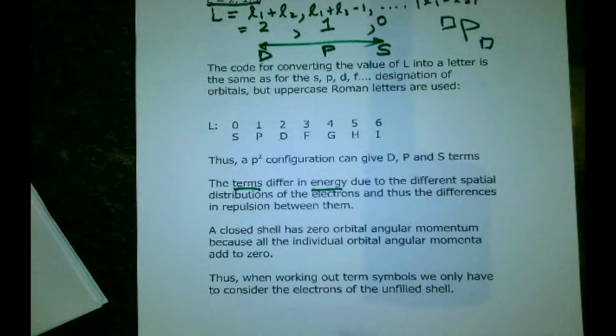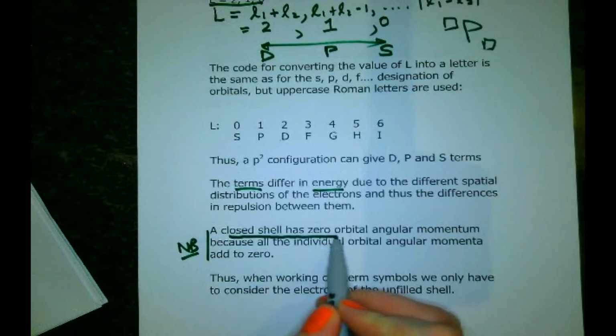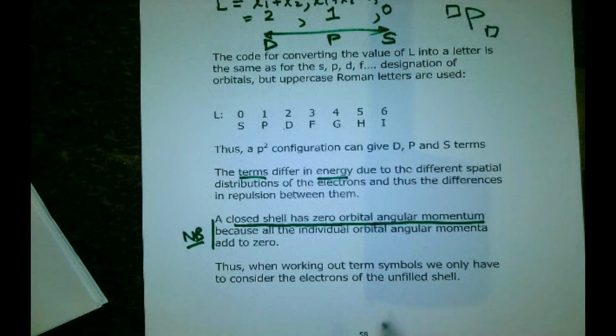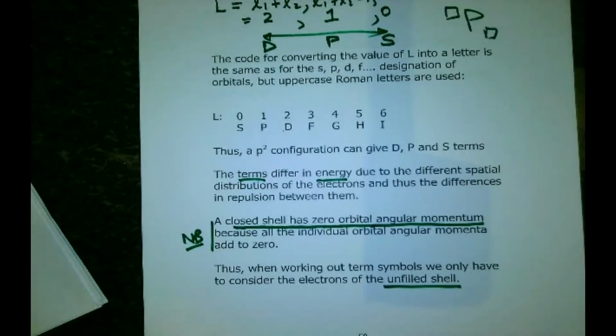Now, very importantly, if you have a closed shell, the orbital angular momentum is 0 because they cancel. So we only look at unfilled shells when we determine term symbols, and this makes things much easier. So we only look at unpaired electrons.